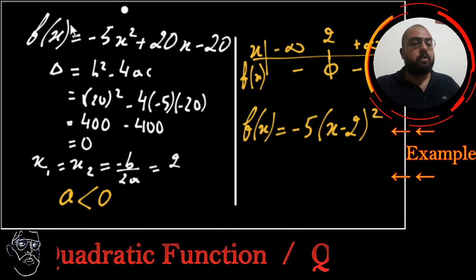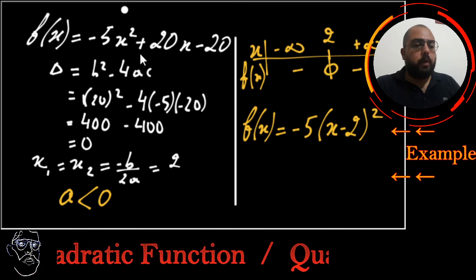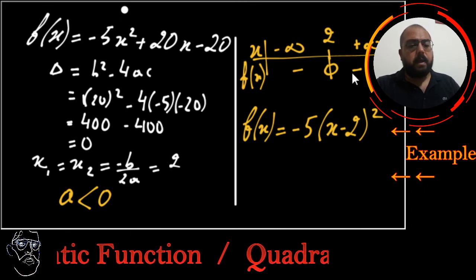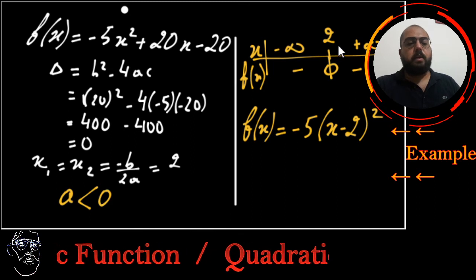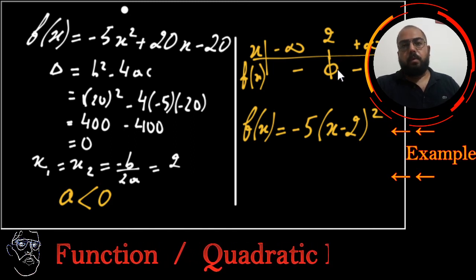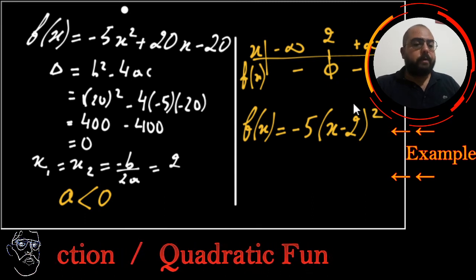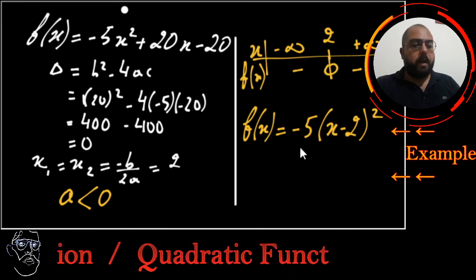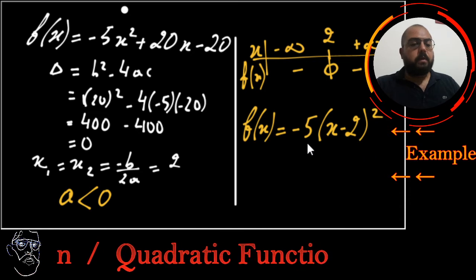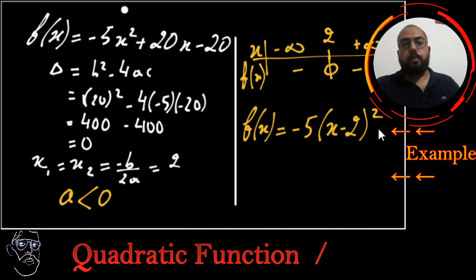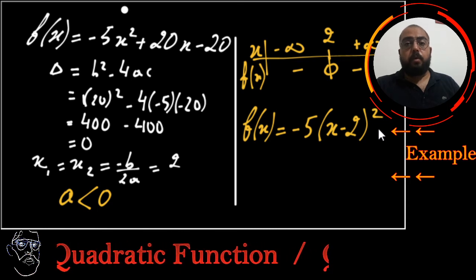A is negative, so this function will be always negative, except for x equal to 2, where the function will be equal to 0. The factorized form of the function is a times the second factor, so it's minus 5 times x minus 2 to the power of 2. This is the factorized form of this function.